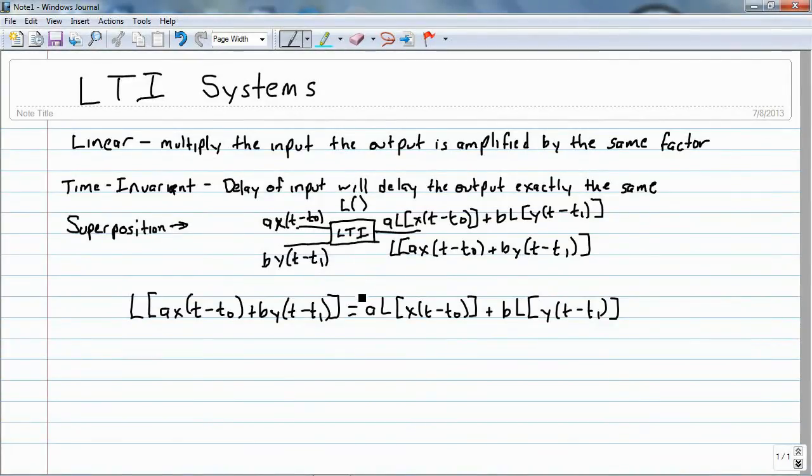And this works because it's an LTI system, a linear time invariant system.